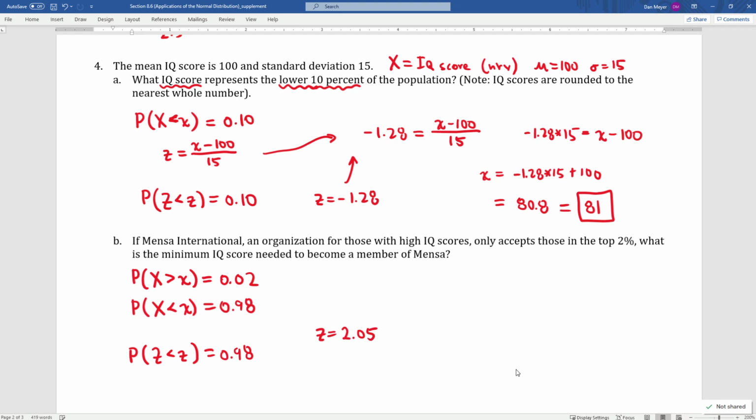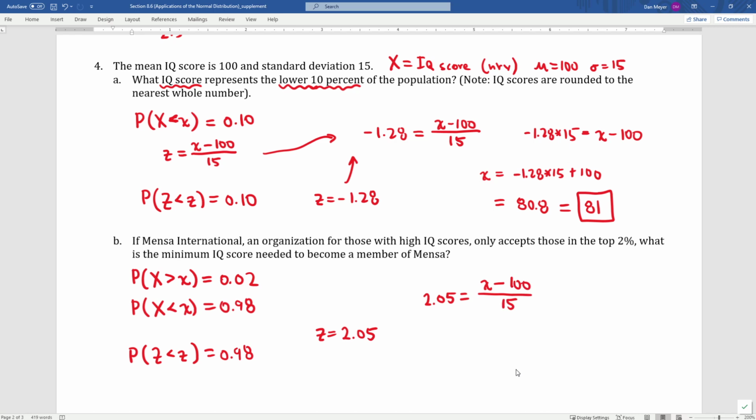And so again, we will use that z-score along with the z-score formula. The z-score would be equal to x minus mu over sigma. Our mean is 100, and our standard deviation is still 15. We're still talking about the IQ test here. And we got to solve for x again.